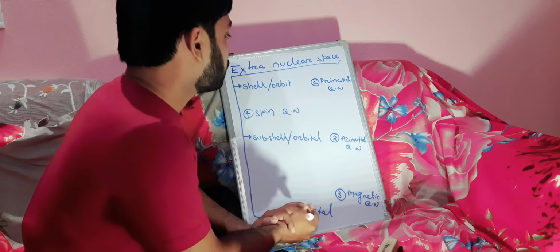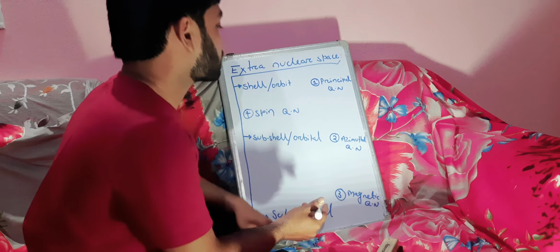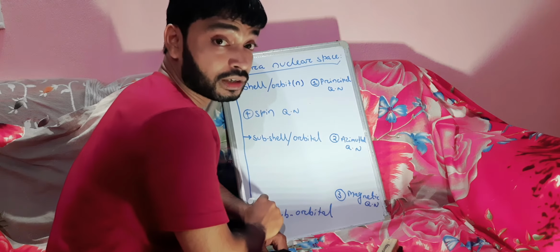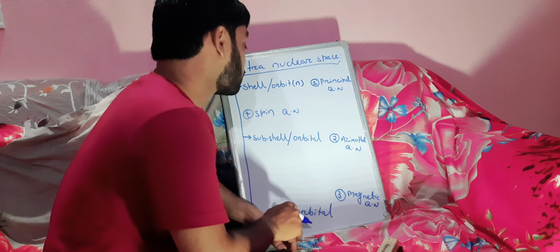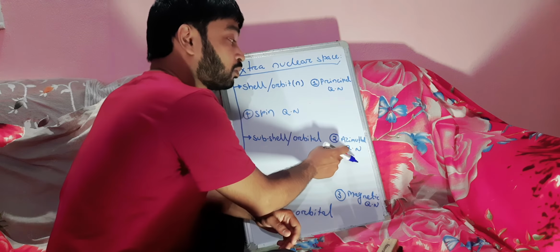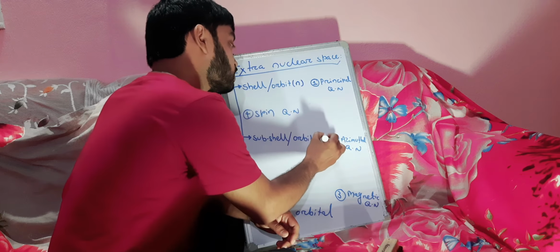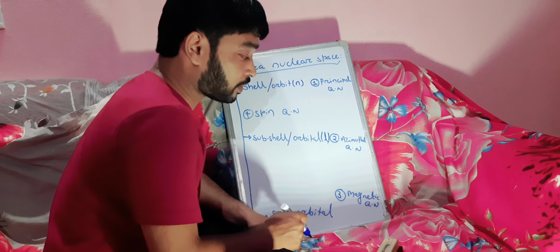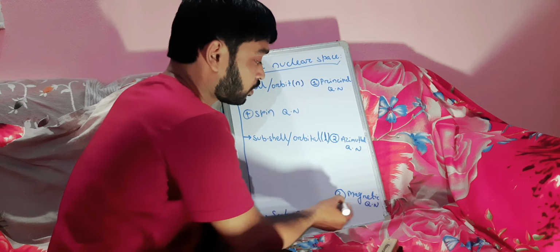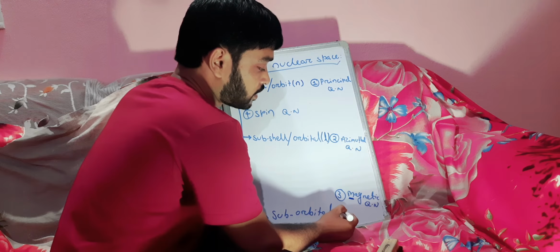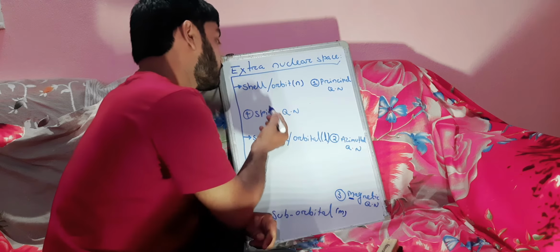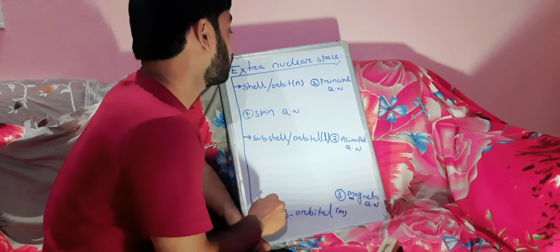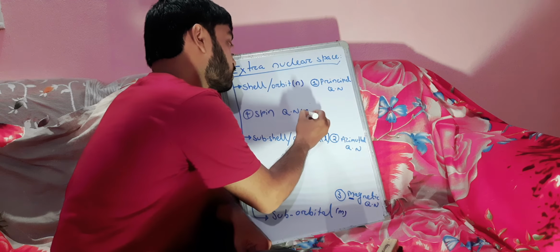The principal quantum number is always expressed by the symbol small n, so the shell is expressed by n. The subshells are expressed by the azimuthal quantum number, whose symbol is small l. The suborbitals are expressed by the magnetic quantum number, whose symbol is small m. And the direction of the electron is represented by the spin quantum number, expressed by the symbol small s.